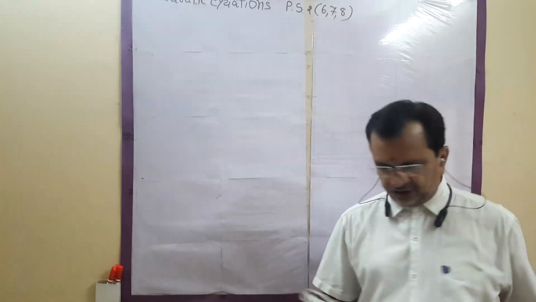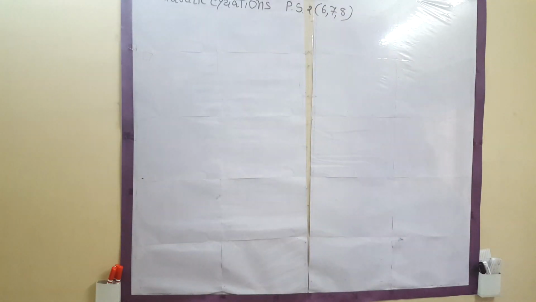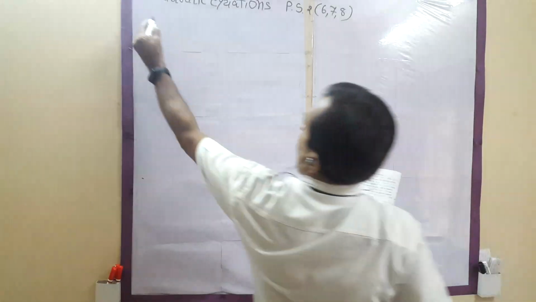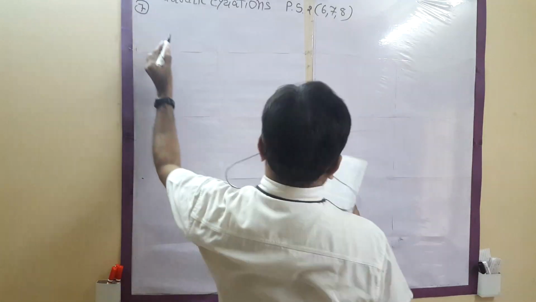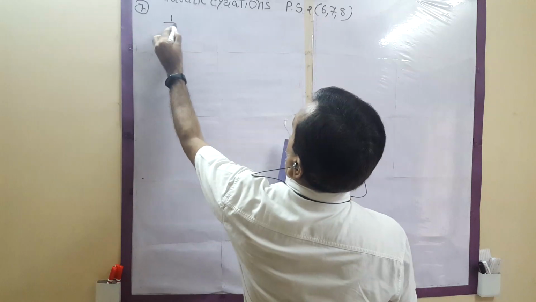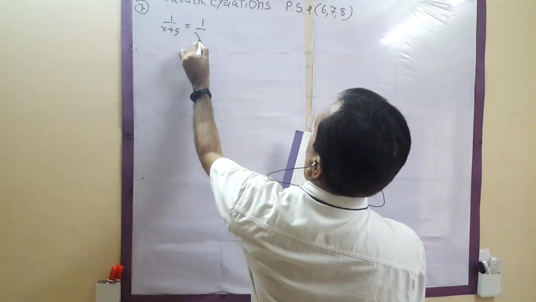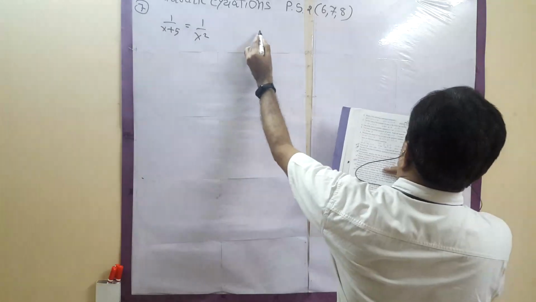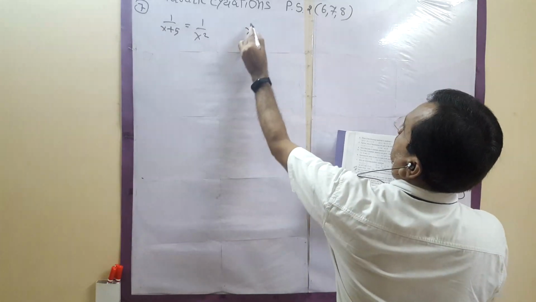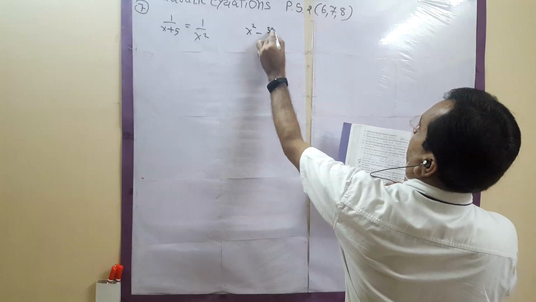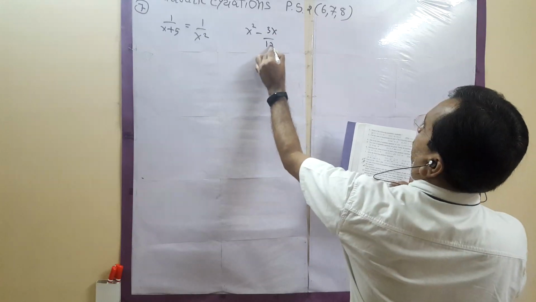Solve the quadratic equation. Seventh: 1 by x plus 5 is equal to 1 by x square, minus 3x by 10.